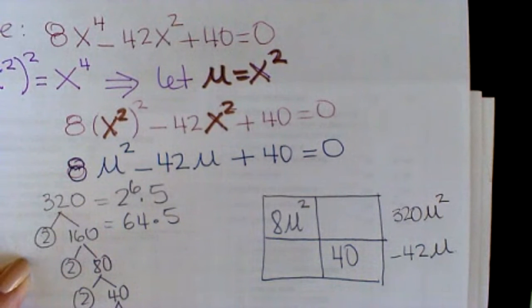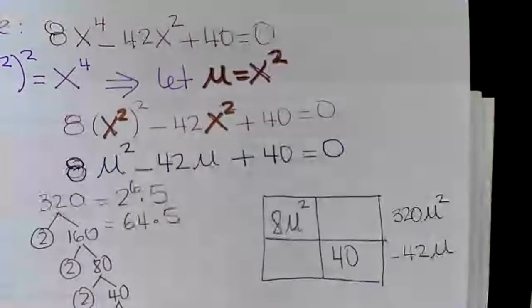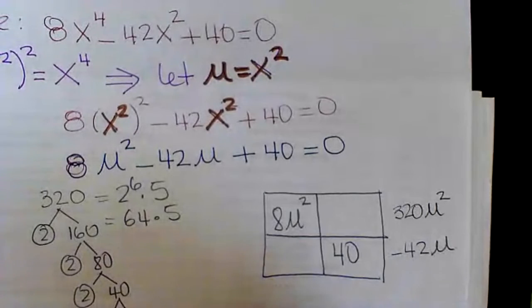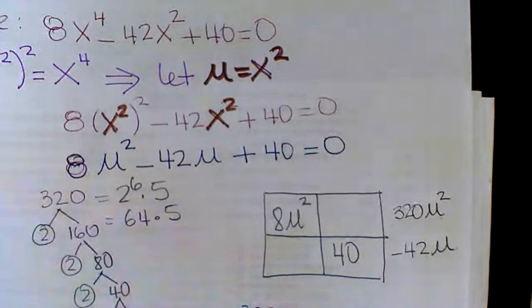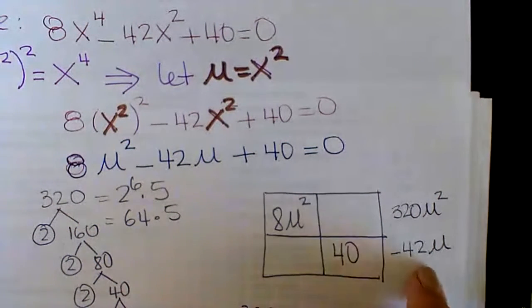So that might not help me match this one. Maybe 10 and 32. So if I multiply 10 times 32, I get 320. But how do I get a negative?